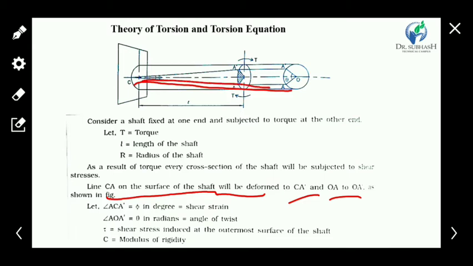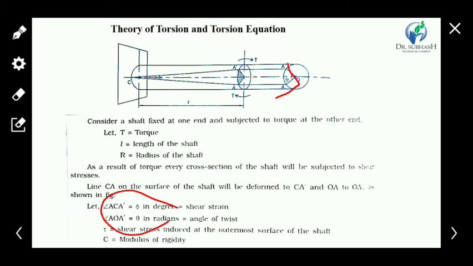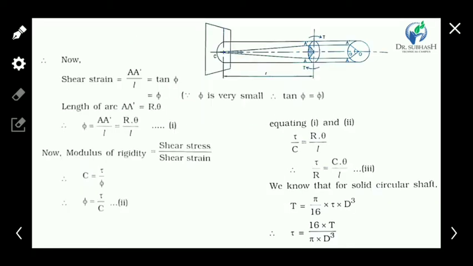These lines become OA dash and CA dash after twisting. The angle AOA dash, theta in radians, is called the angle of twist, and the angle ACA dash is defined by phi. Clear that?